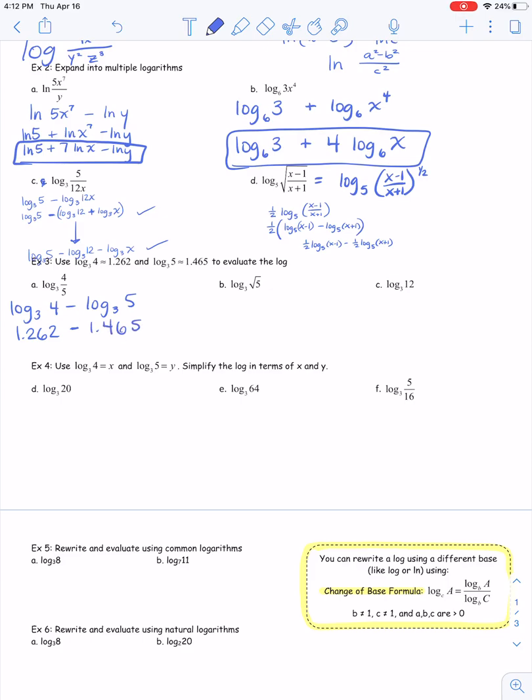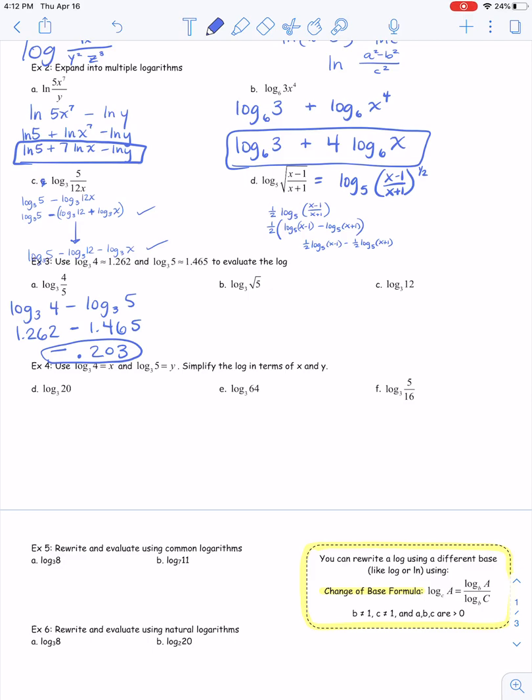And so now I'm just doing some simple math, even though it's decimals and you hate them, it's fine. You can do this. 1.262 minus 1.465 is going to give us a negative 0.203. And so that is our answer.